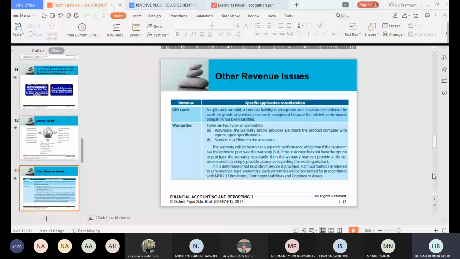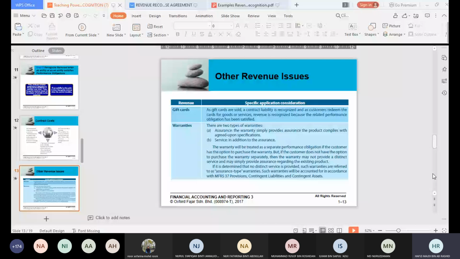The first issue has been long debatable among scholars and those who are relevant in practices, whether you should basically use percentage of completion method. Okay, that's mean you're following the pattern of completion of the construction, or you only recognize the revenue at the end of the contract.